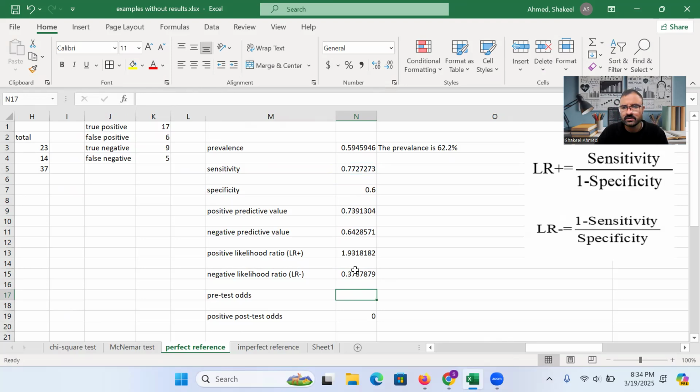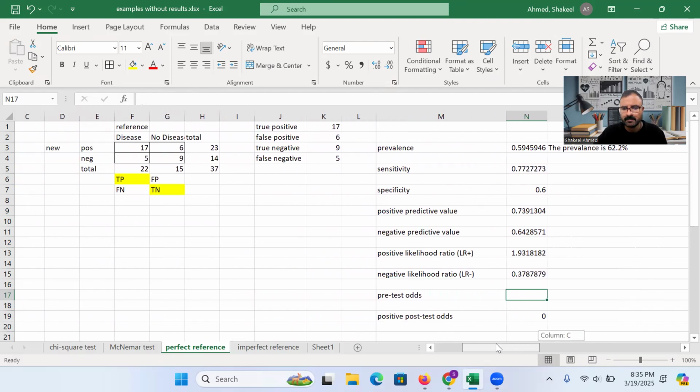So these are basically the ratios. We are comparing the proportion of people who are tested positive among the positive cases, and dividing by 1 minus the proportion of people who have the disease, given the total number of positive individuals. So 1 minus specificity, basically 1 minus 0.60.